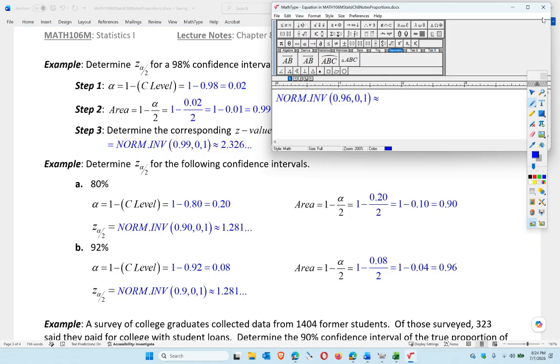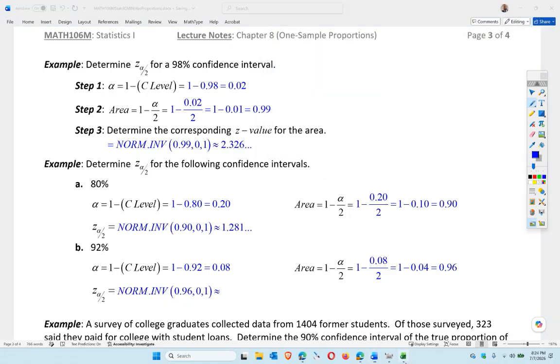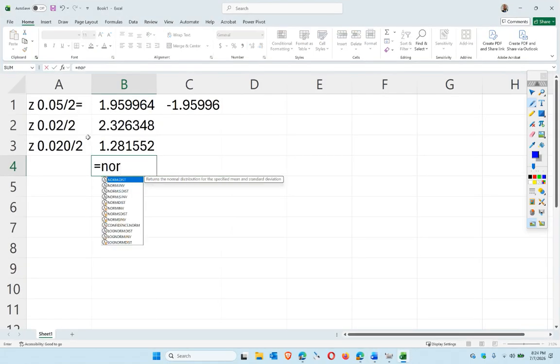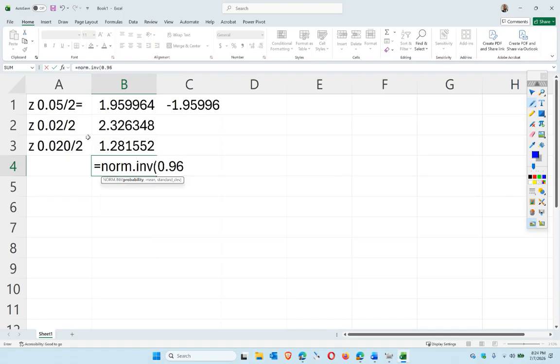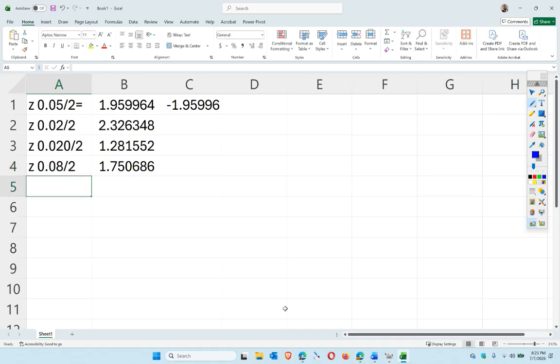And delete those. Okay, so normal dot inverse 0.96 comma 0 comma 1, close that. Right, so this is z 0.08 divided by 2, I believe, right?